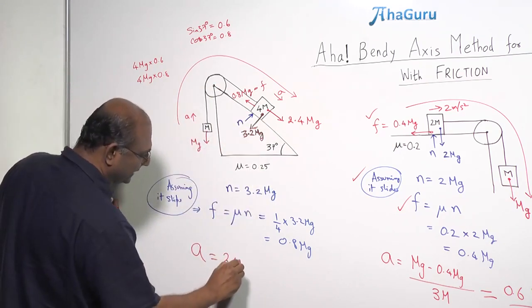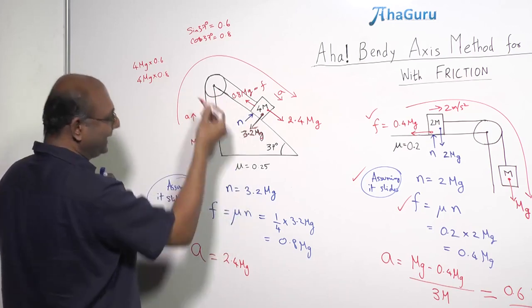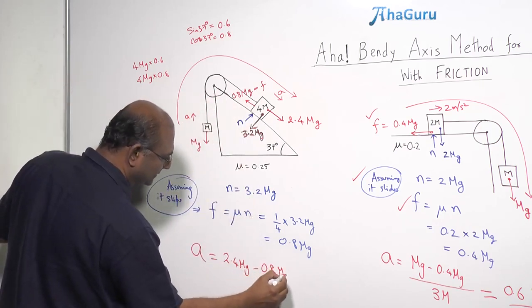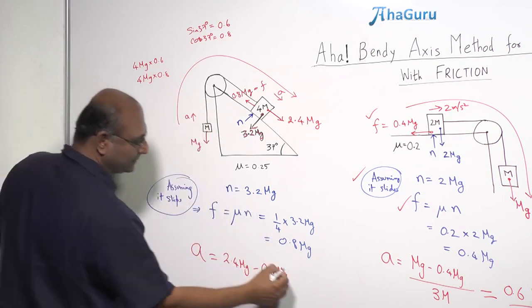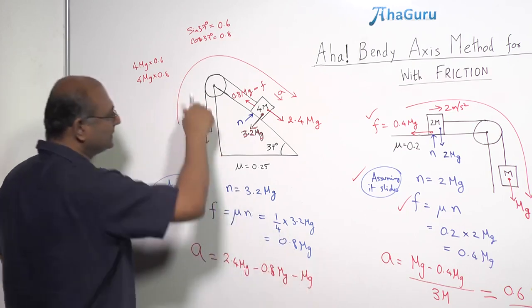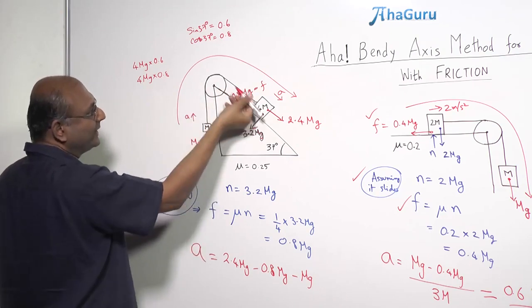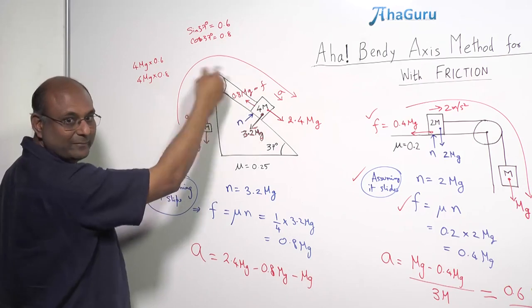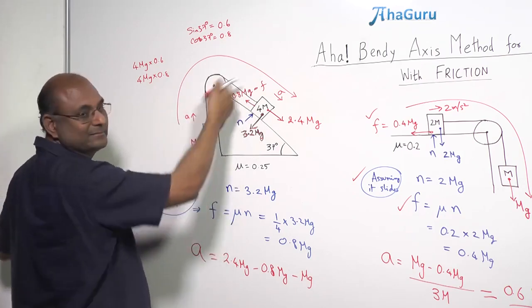So if I want to calculate A, what will acceleration A be? 2.4 mg, minus 0.8 mg, and minus mg, because this is negative, that is also negative. Can you see that in this bendy axis system, this direction and this direction are the same? So it's actually 1.8 mg.